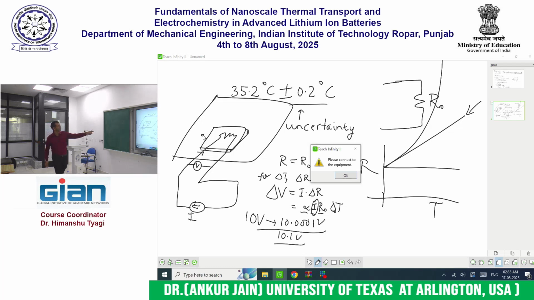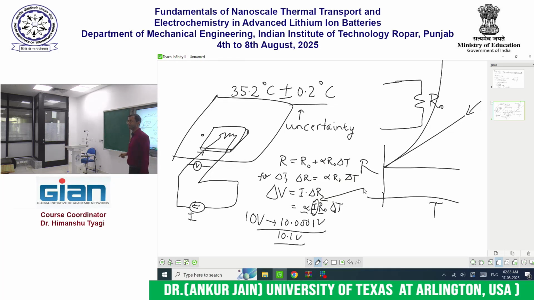So typically here, the way we think of it is that I am going to use the minimum possible current that gives me just the amount of change in voltage that is measurable with my instruments. I have an instrument, it reads voltage to the second decimal. I will only send that much current which produces a change in voltage to the second decimal.